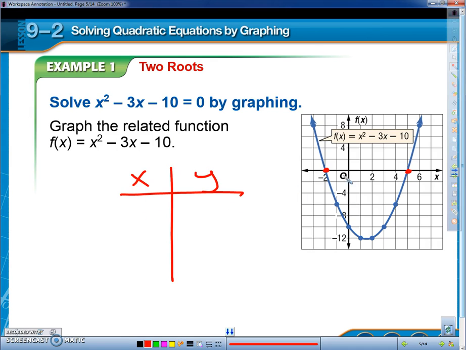If x is 0, y is -10, and I could put a point right there. If x is 3, y is -10, and I could put a point right there. Then you can draw a nice curved line that comes up. See, mine's not as good. That's why I rely on the calculator to draw my lines. It just makes it a lot easier.